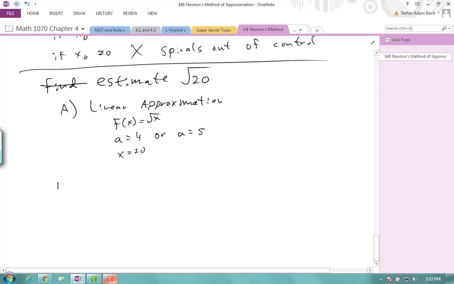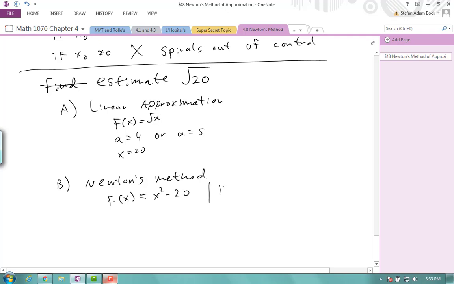On the other hand, I could use Newton's method, and instead of just having one linear approximation, I can do it several times. I would have f of x equal to not the square root of x, but x squared minus 20.